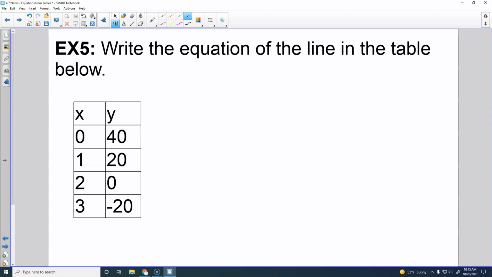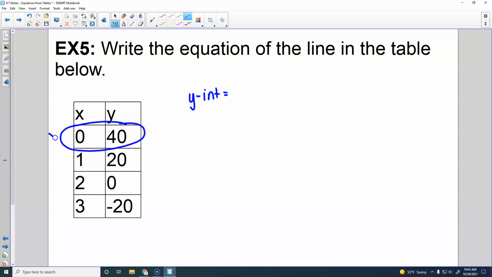So, what is my y-intercept? Allison, what would my y-intercept be? It is not 2. You're on the right track and looking for a 0. But it's not 2 because that's where my y is 0. It is going to be 40.